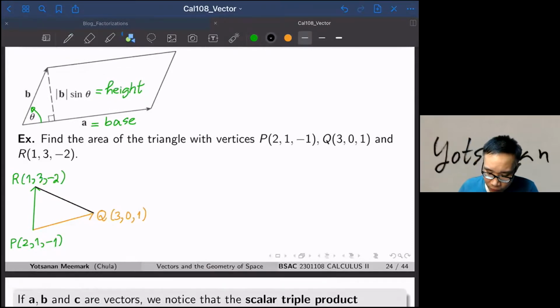So the way to do this one is you're going to construct, or fill in the picture, and make this triangle into a parallelogram like this.